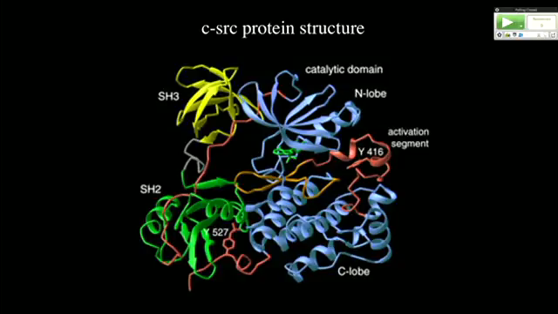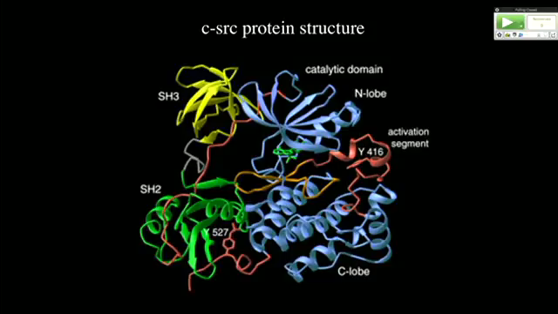Okay. Its overall folding has several interesting components that give rise to the folding of this protein, and we're going to talk about that in this lecture. It contains the catalytic domain, which we'll discuss in a few moments, what that catalysis is.